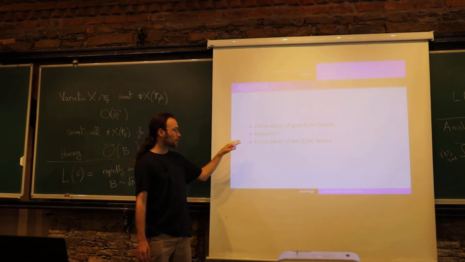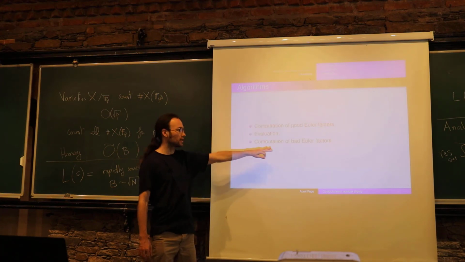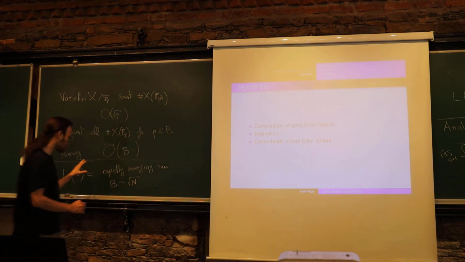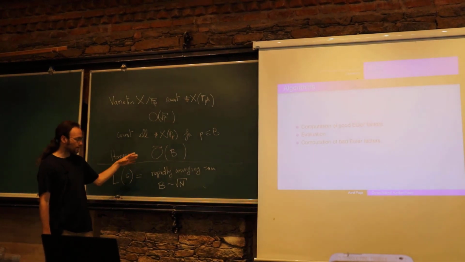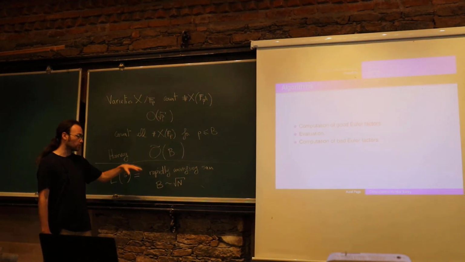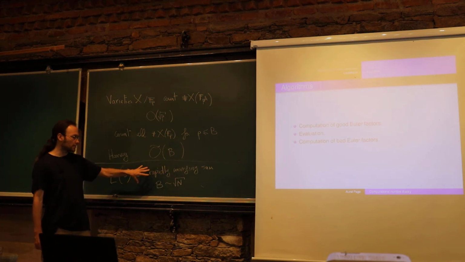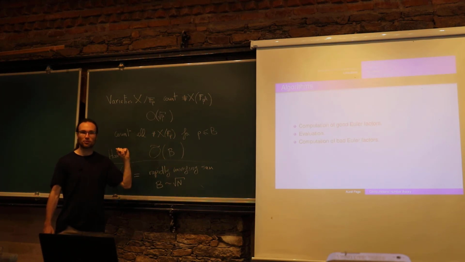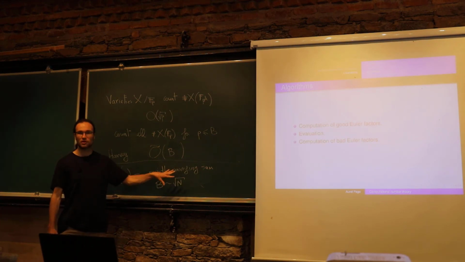But one thing that you can do, if you have a lot of good Euler factors and you're missing just a few Euler factors, you can use the functional equation or the approximate functional equation as you evaluate them at a certain number of points, and you use these as equations on the coefficients that you are missing. You see the missing coefficients as variables, and you write the equations that these functional equations give you.